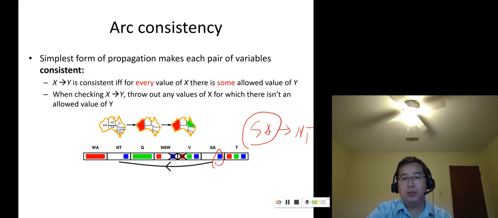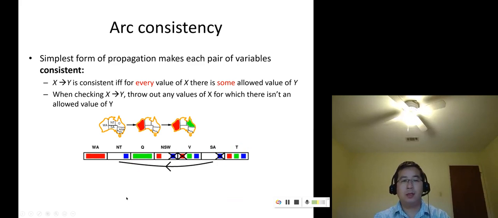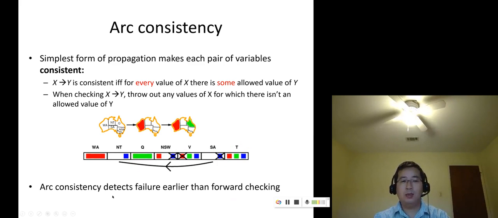If you choose this one, there's no value to choose for NT, right? So this is a failure.